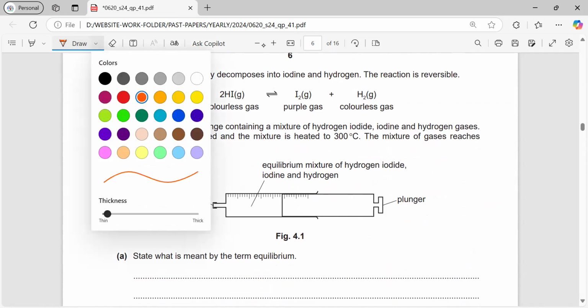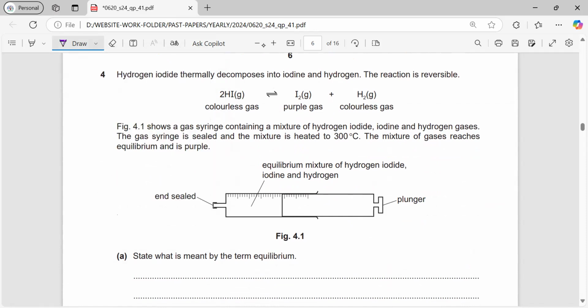Next, question number 4. Hydrogen iodide thermally decomposes into iodine and hydrogen. The reaction is reversible. As you can see, hydrogen iodide is a colorless gas and it breaks into iodine, which is purple, and hydrogen, which is again colorless. But this reaction is reversible.